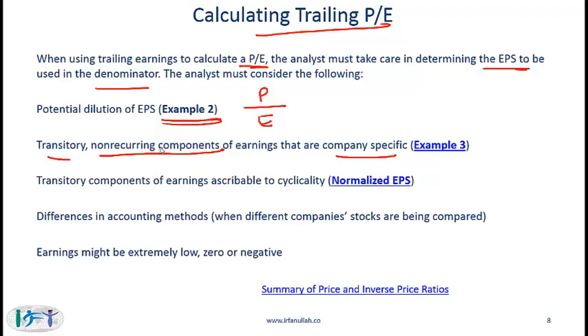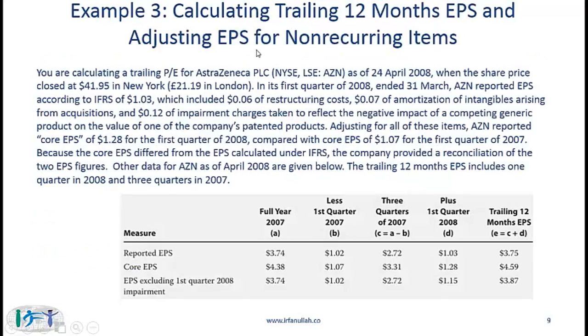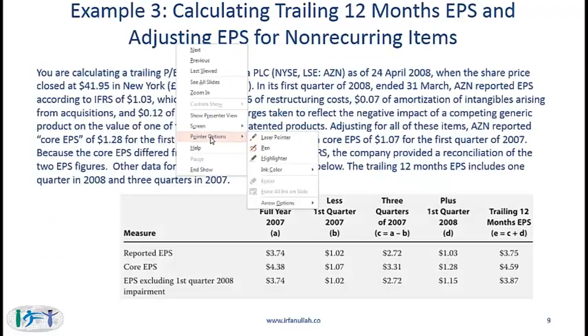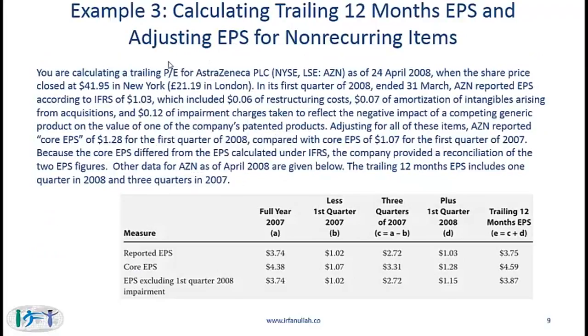And what is the formal term for coming up with an EPS after removing these components? We generally refer to that as the adjusted EPS. This is highlighted in example 3 in the curriculum. So I want you to take a quick look at this and then I will comment. What you will notice here are several one-off charges.